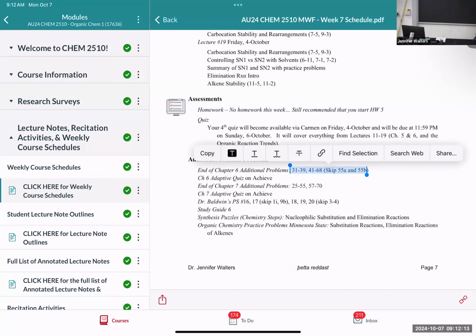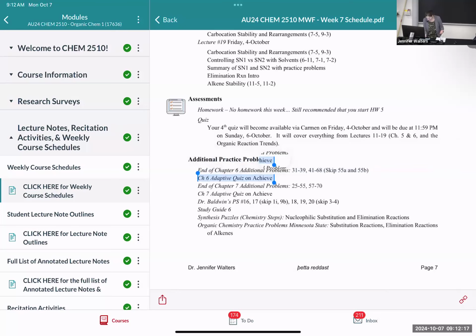Instead, skip those and go right on to Achieve, because you have access to Achieve. So try the adaptive quiz. The benefit of the adaptive quiz is it's going to help identify certain topics that you might be struggling with. So if you're like, I don't know where to start, the adaptive quiz is a really good place to start.